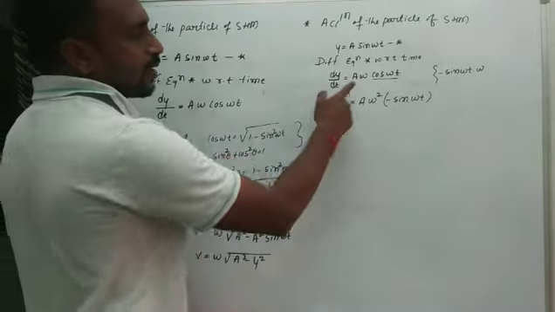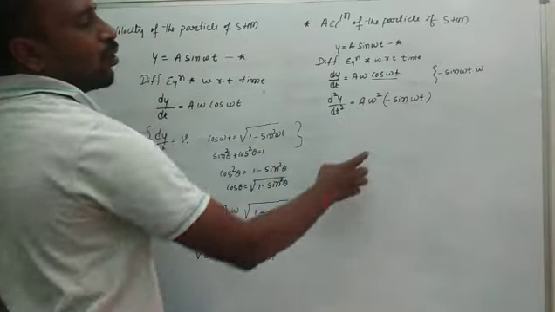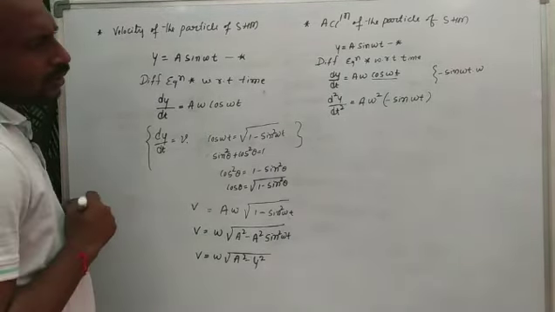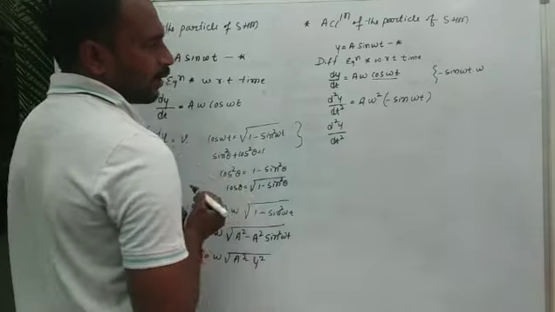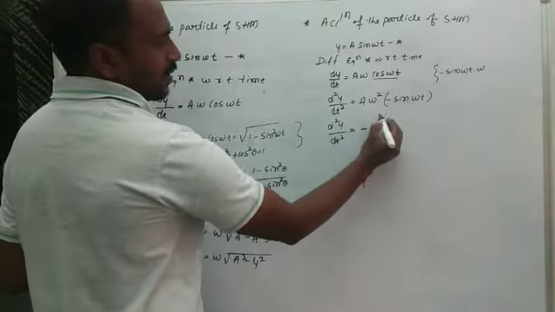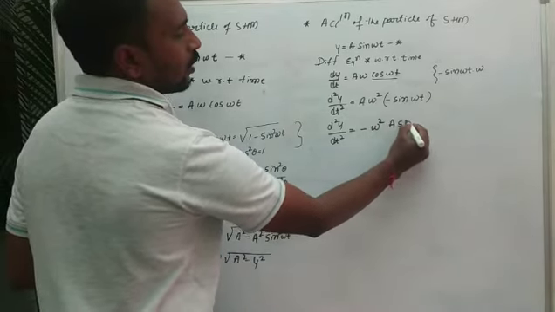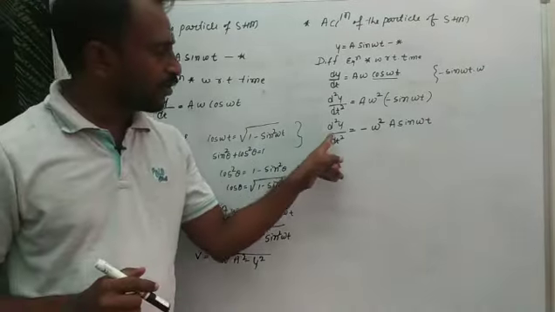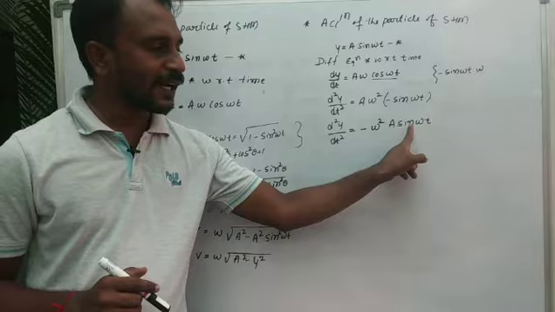Already omega is there, omega into omega, so omega square into bracket minus sin omega t. So we can write this equation as d square y by dt square is equal to minus, taking the minus outside, omega square into a sin omega t.